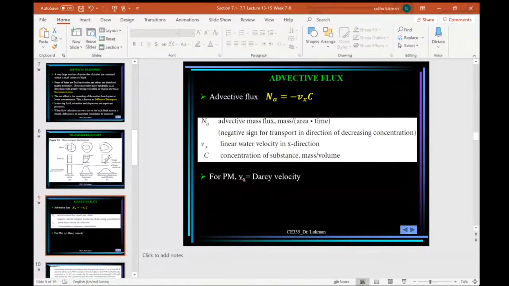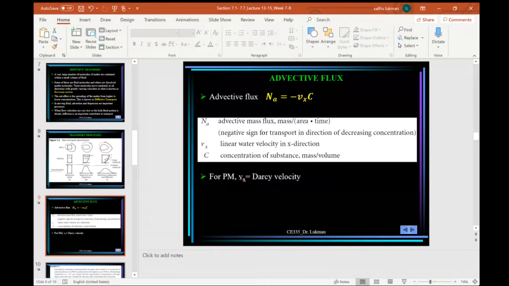And Vx, V subscript x, is the linear water velocity in the x direction, because we know velocity is a vector quantity. Of course, it is highest in the x direction.